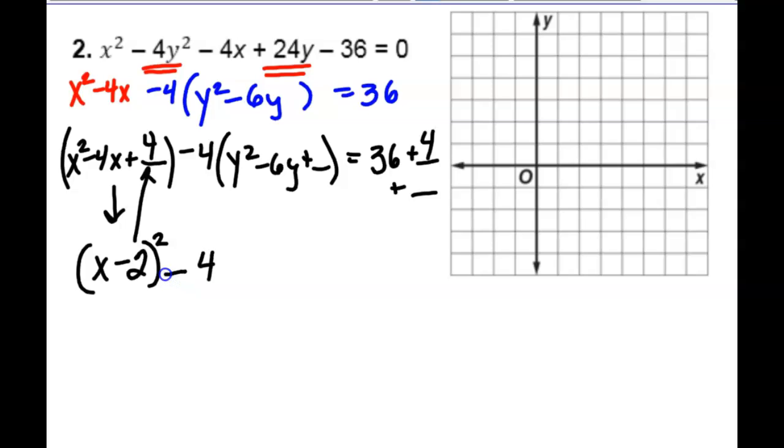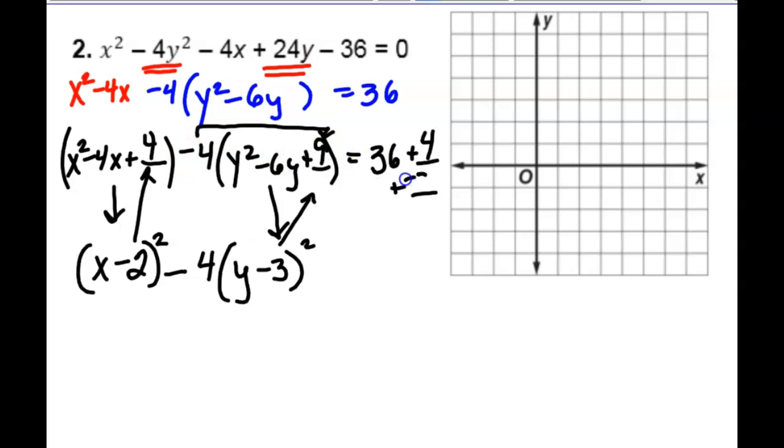Then it's minus 4 times y minus 3. Watch your signs so much. And then when you square that, you get 9. But what did we really add to that side? Yes, negative 4 times 9, or negative 36. So 36 plus 4 and a negative 36 is just 4.